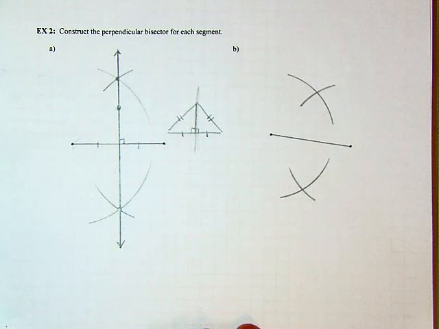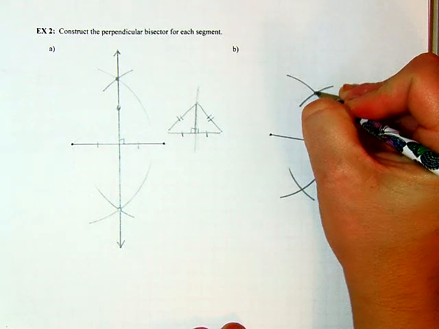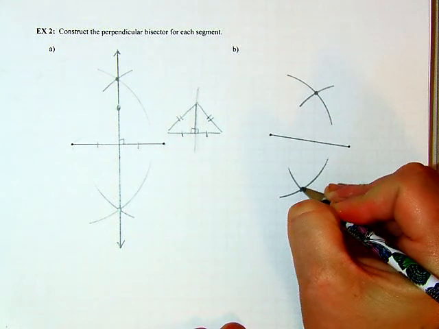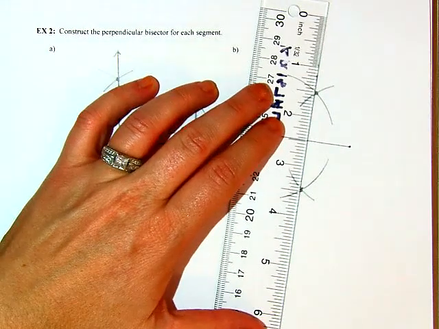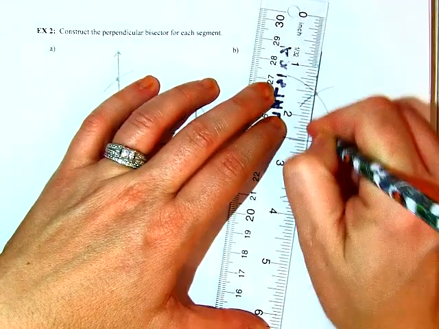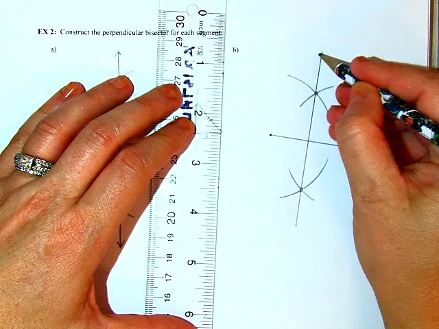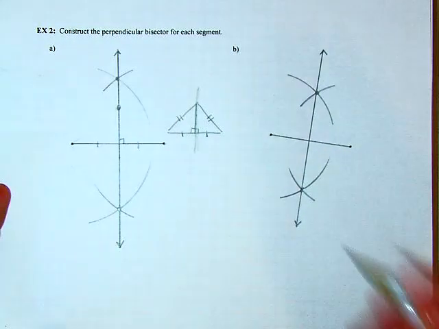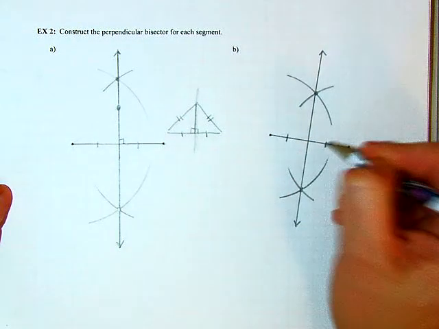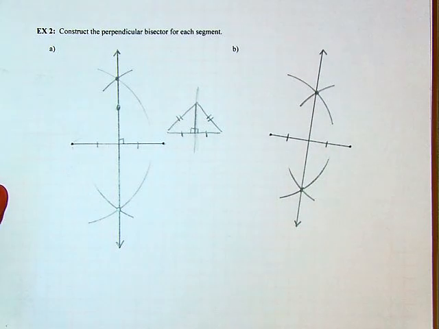Okay, what I'm interested in are these two points of intersection here and here. And then when I take my straight edge and slice through them, that is my perpendicular bisector. So again, I should be able to see that the original segment got split into two congruent parts, and it created right angles as well.